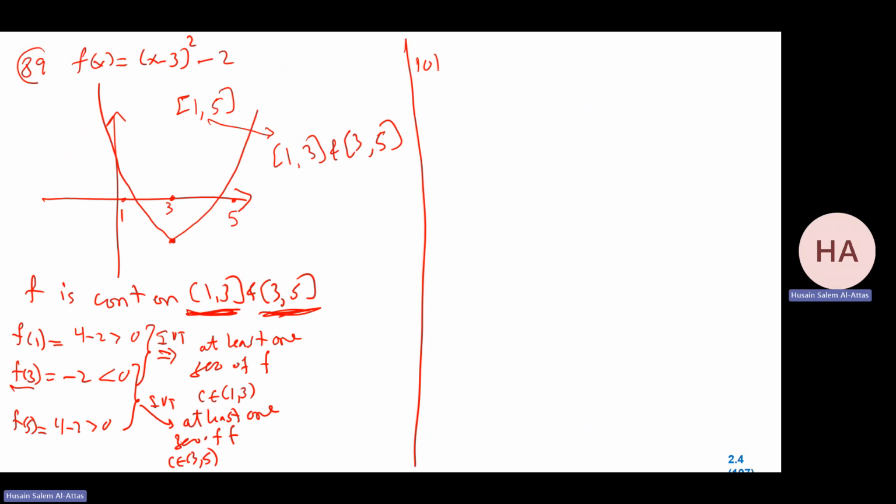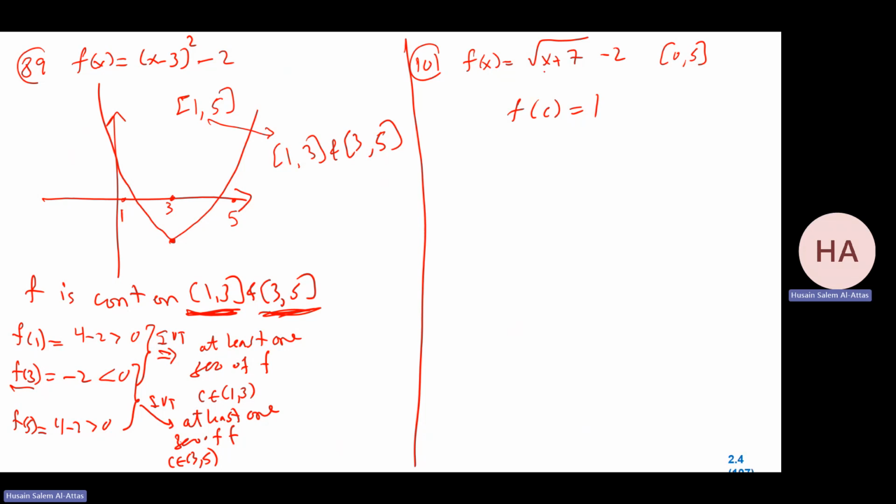101, what is the function? Square root of x plus 7, minus 2, the interval 0 and 5, and I'm looking at f of c equal to 1. Okay.